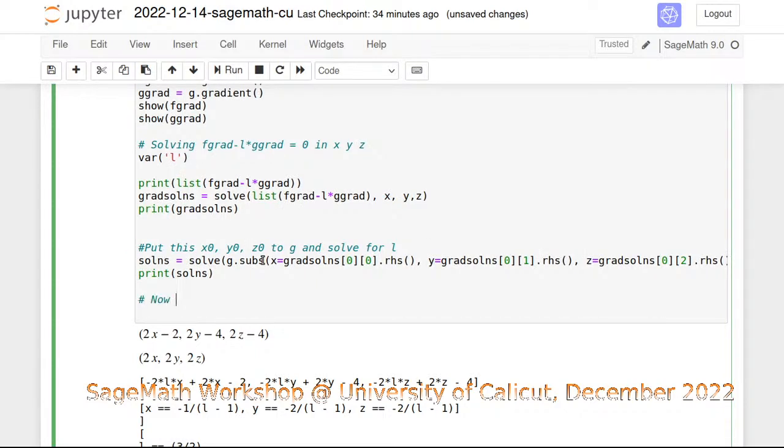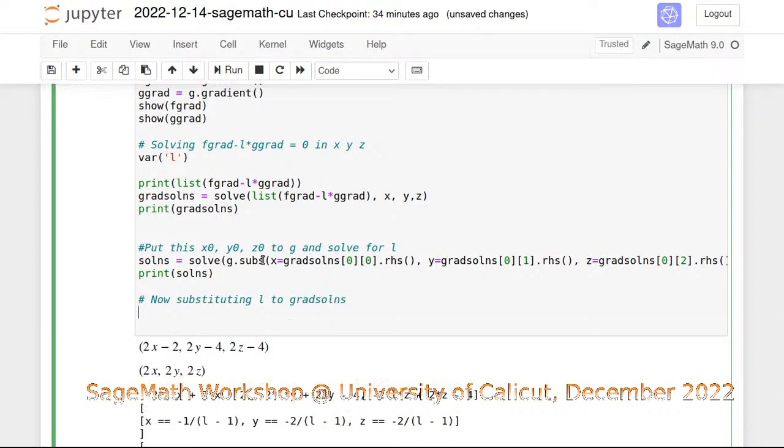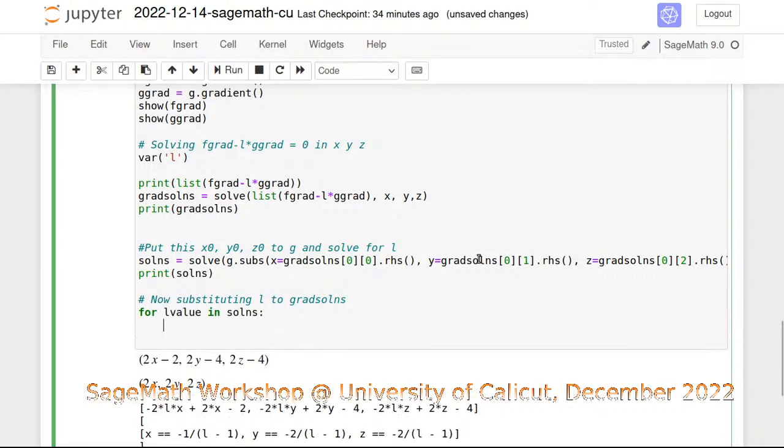Now substituting L. So once again, since there is only one value, but there are two L values, of course, for each L value in solutions.